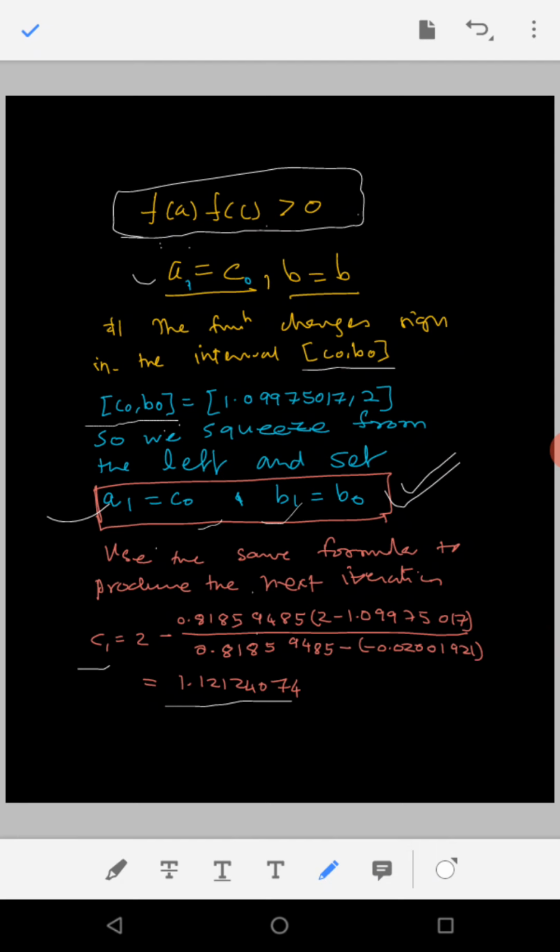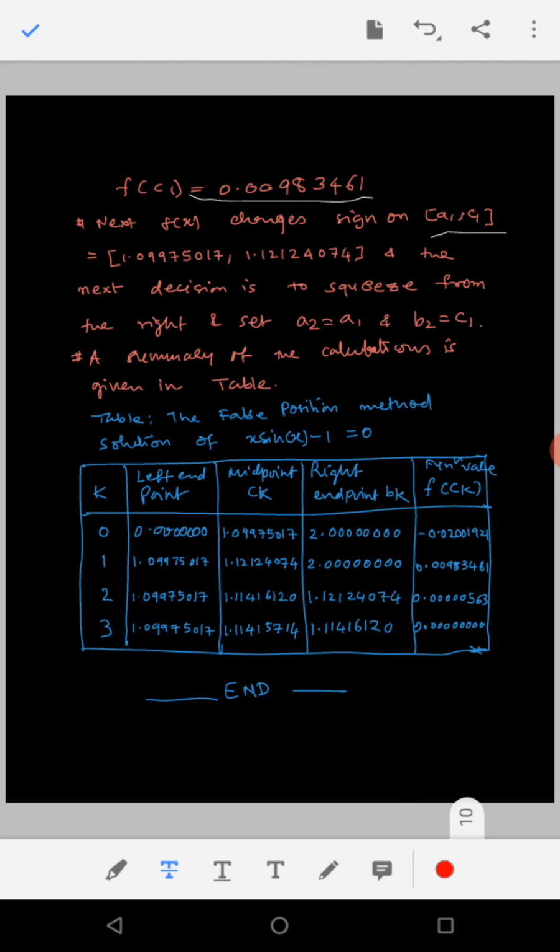So this you need to verify. The next decision will be based on whether we want to squeeze from the right or the left. In the second case, we have to squeeze from the right and set a2 equal to a1 and b2 equal to c1.